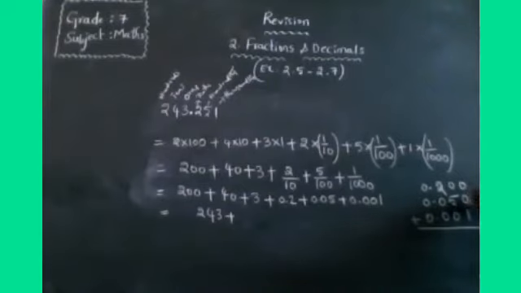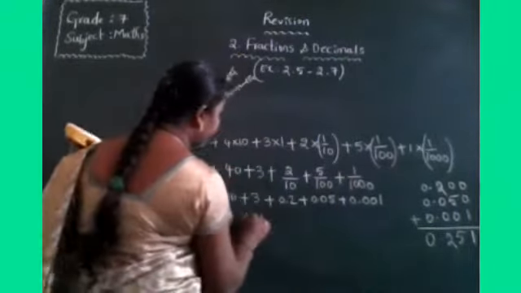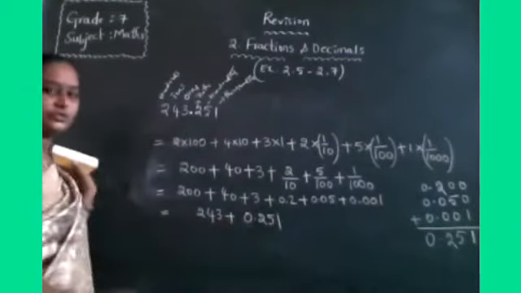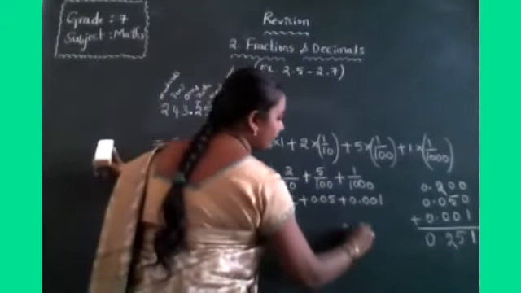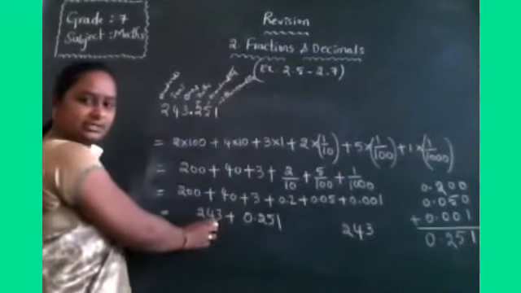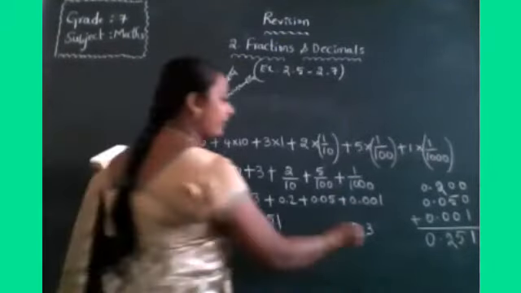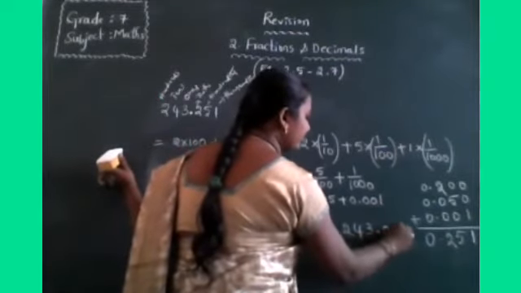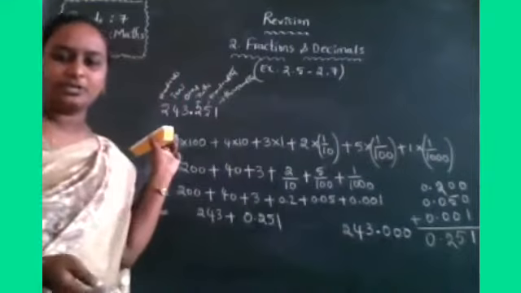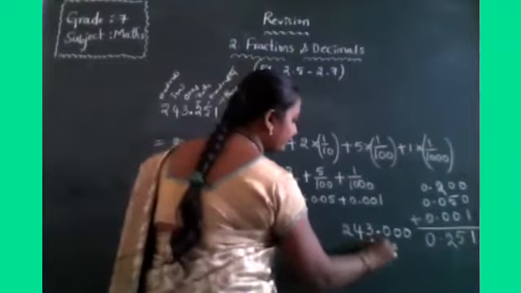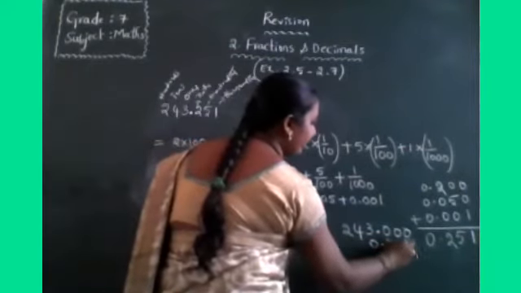Now add. 0 plus 1 is 1, 5, 2, 0. So the sum is 0.251. Again we have to add 243. How to add this? 243 is a whole part, so it has no decimal part. That's why we have to give the point and zeros, 0, 0, 0. If you give 0, is there any change of value? No, there is no change of value. Next, give 0.251.